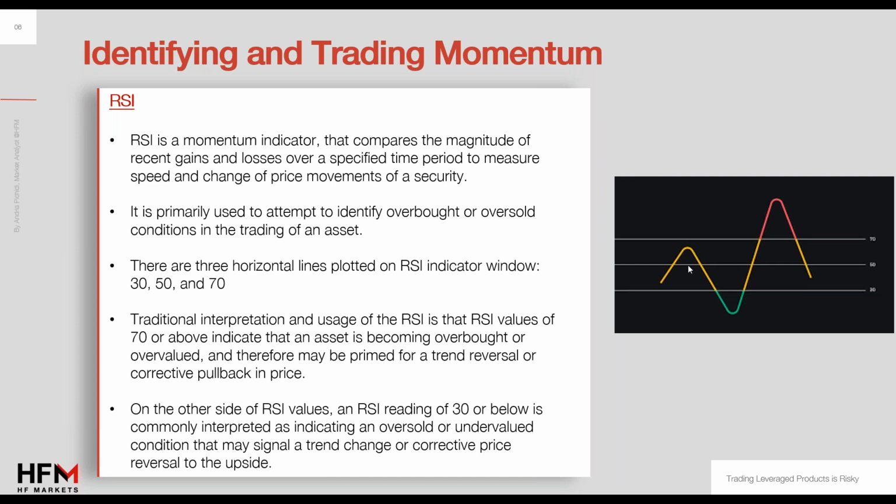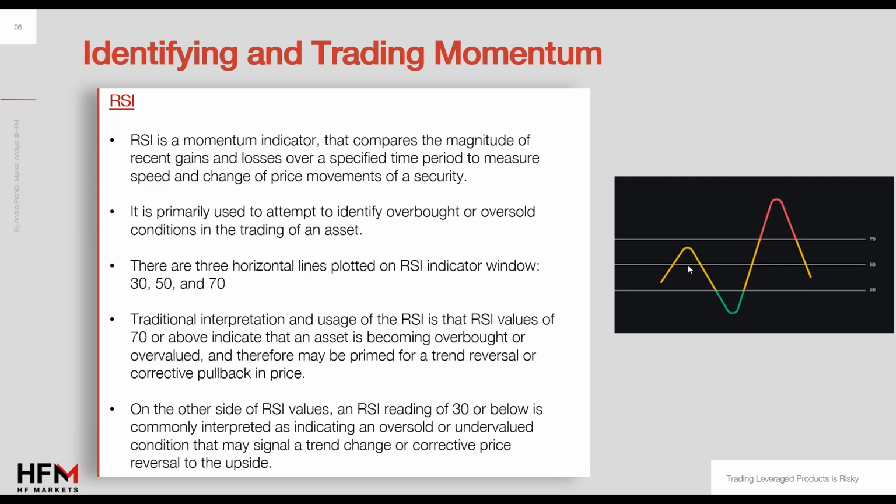Okay, so because it's an oscillator, it helps us to identify direction, strength of the trend, reversal, etc. It's varied, it's in a range.